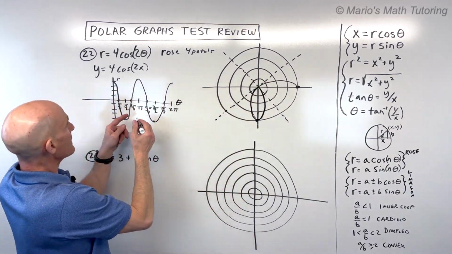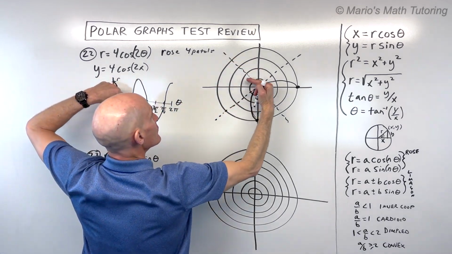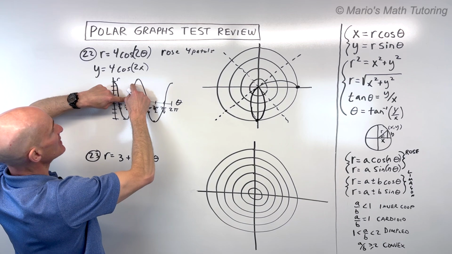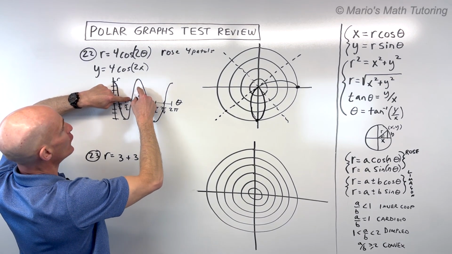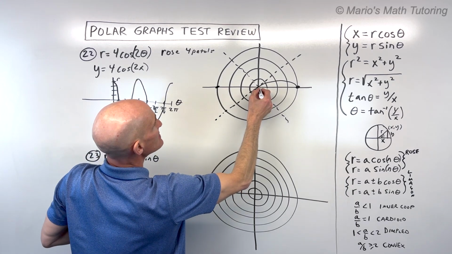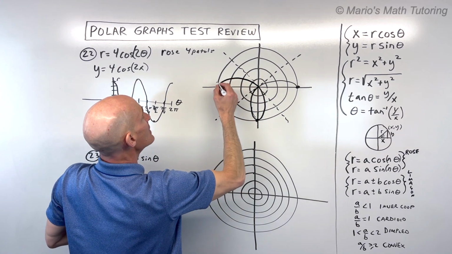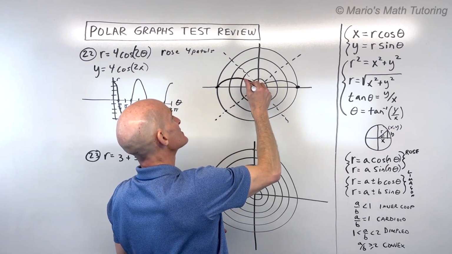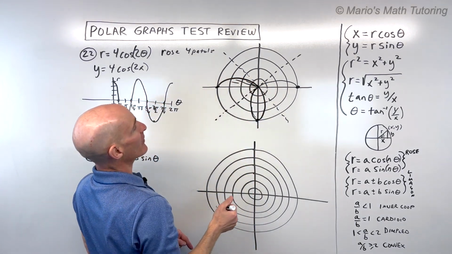Now, from 3 pi over 4, as we go to pi, 180 right here, the r value is getting longer and longer until you get to 4. At pi, you're at 4, which is right here. But 2 things are happening: you're turning and the r value is getting longer, longer, longer, like that.